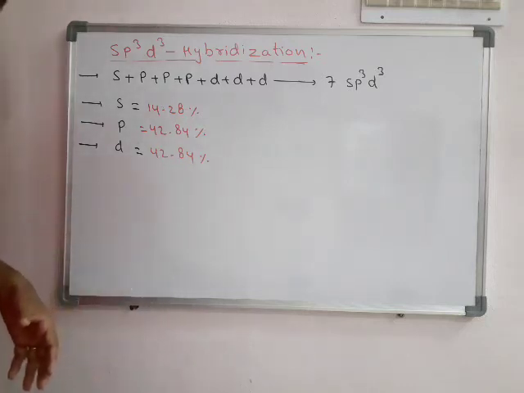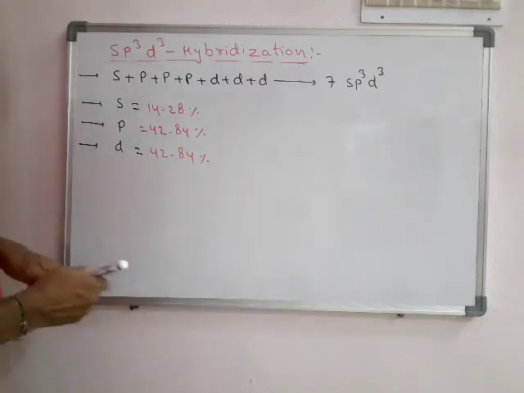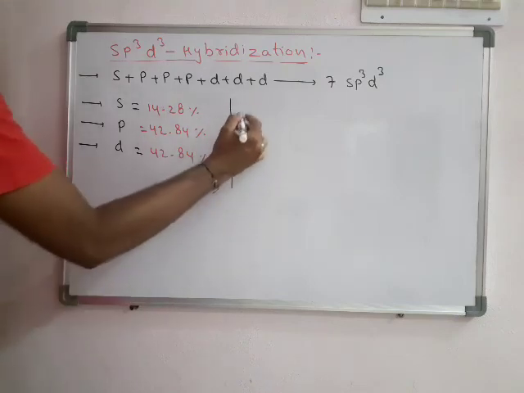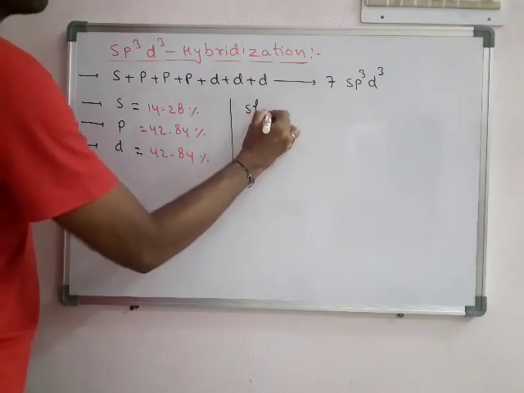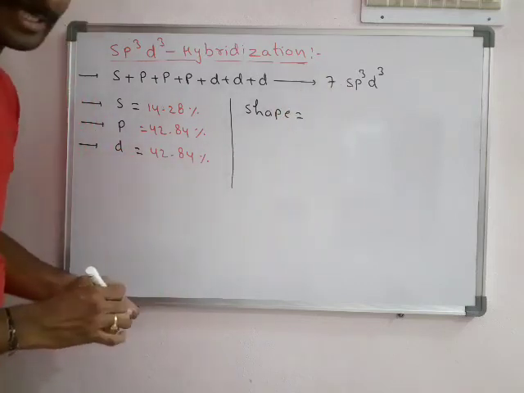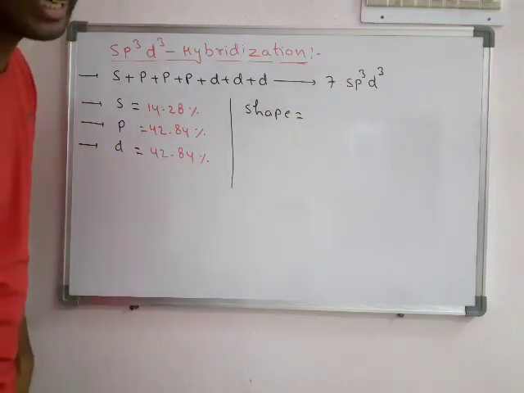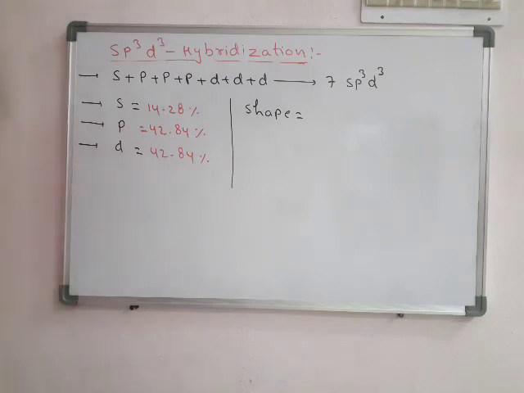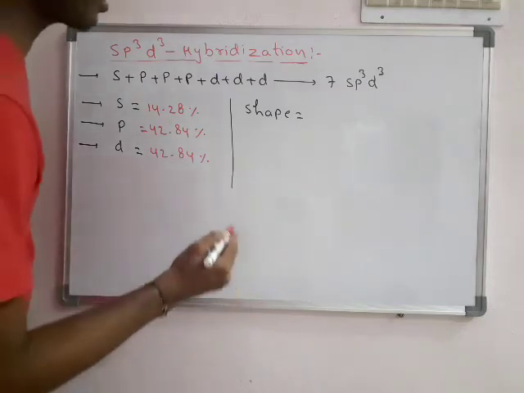Next, what are the bond angles? Here the shape and bond angles are important in sp3d3 hybridization. 7 hybrid orbitals are formed. It is not easy to get a perfect shape for 7 hybrid orbitals with less repulsion and more distance.